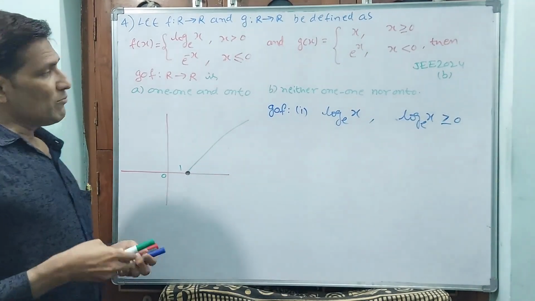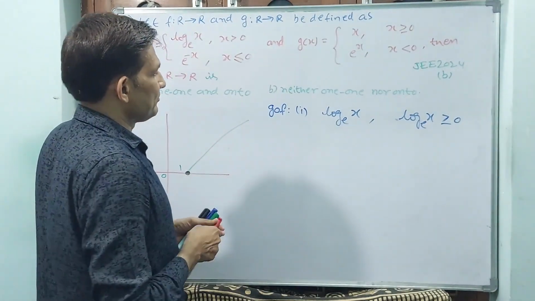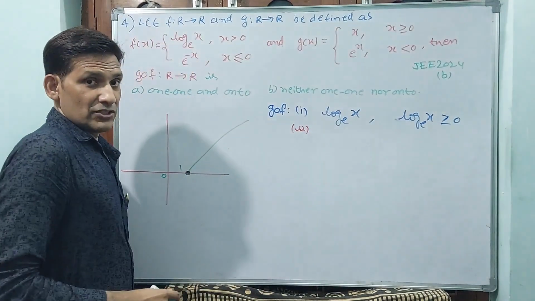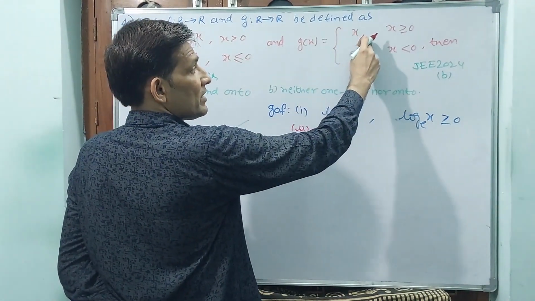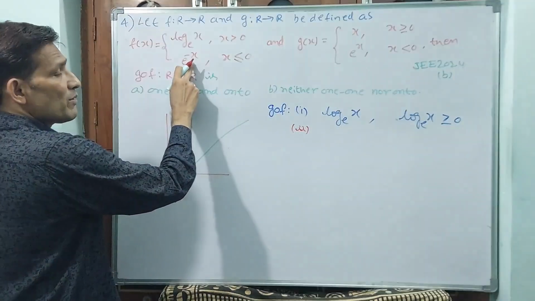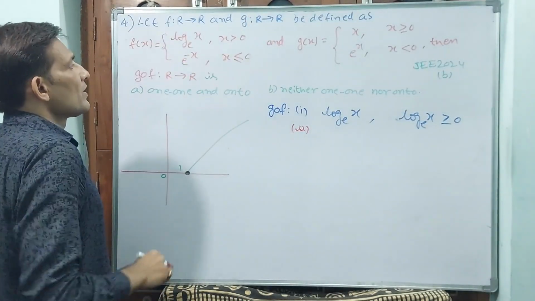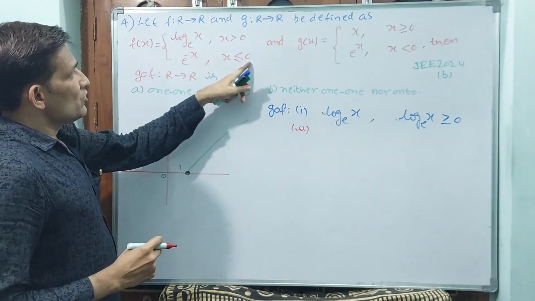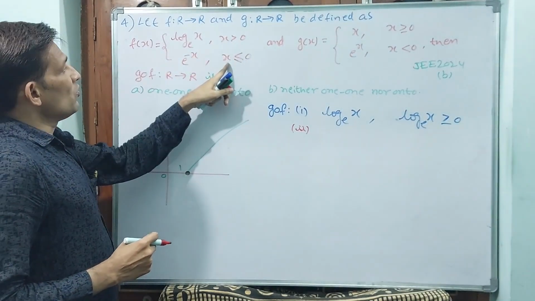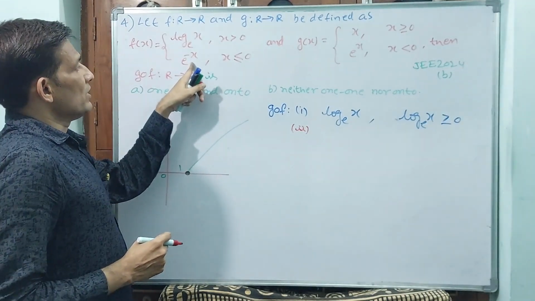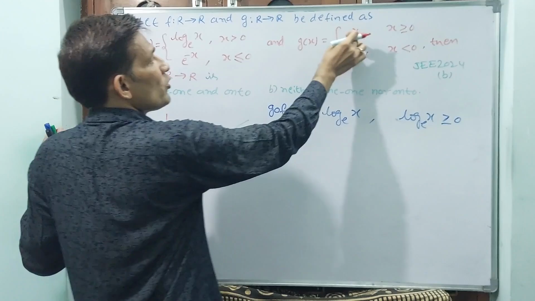Now the second thing I am doing, observe carefully how I am doing. The second thing is this: x is greater than or equal to 0 only, but now I want to take e power minus x. So let us see. When x is greater than 0, log x. When x is equal to 0 or less than 0, then you are going to take e power minus x. That means this e power minus x is going to become x here.